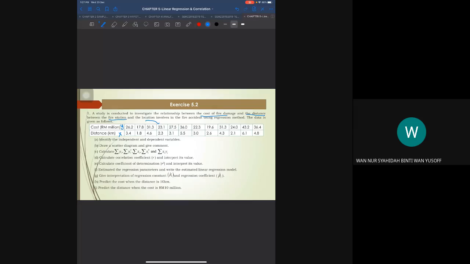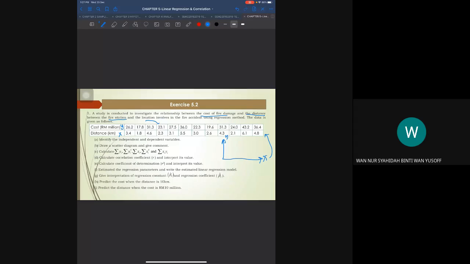Next, draw a scatter diagram and give a comment. In order to draw a scatter diagram, you have to use a proper axis for x and y, like what we did for the box plot. The axis depends on your data.